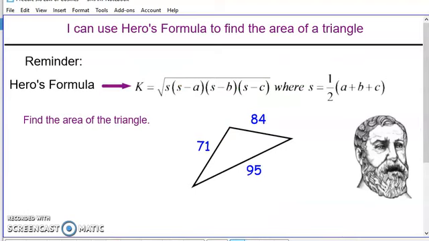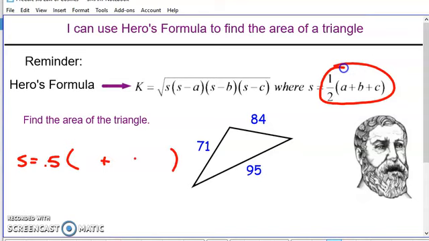Okay, we're going to do Hero's formula, which actually is pretty easy. We're going to start out finding this funny S here, which is just half, so I'll go 0.5 of the three sides added together. I don't care what order I put the sides in.